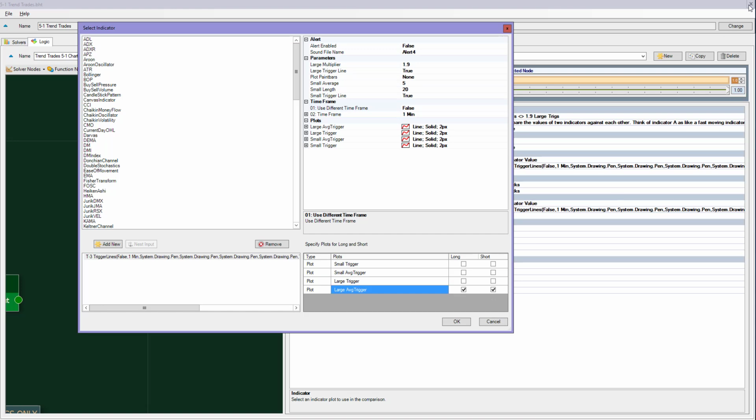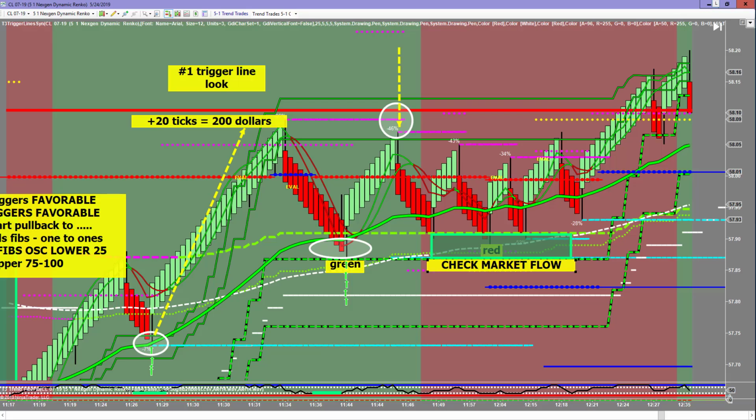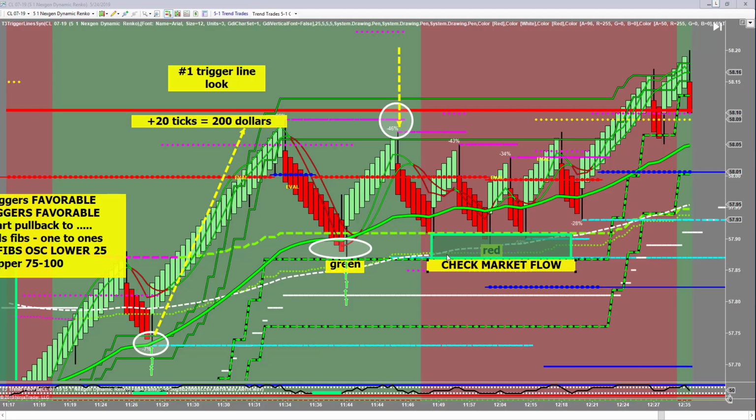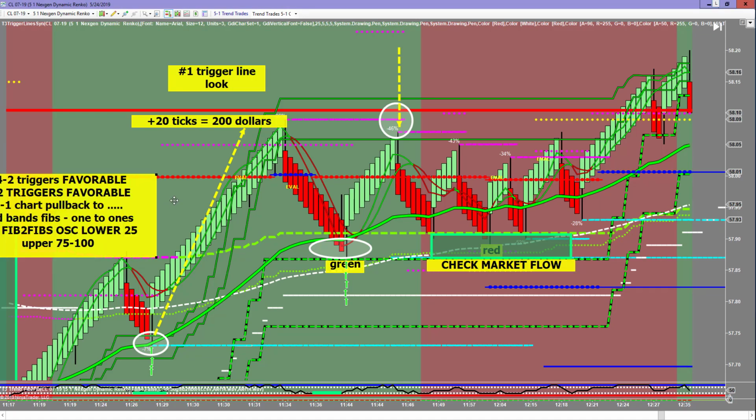So what that means is, physically, when you look at a chart, when the small triggers are above, it's green. When the small triggers get below the average, which is the slower of the two, it's going to go red. You okay, Vittorio? Yeah, I know we went through that 9 times, but I want to make sure it's really clear, because if you don't get it, you don't get it, and it's imperative that you get it.